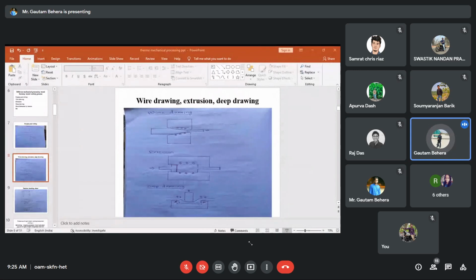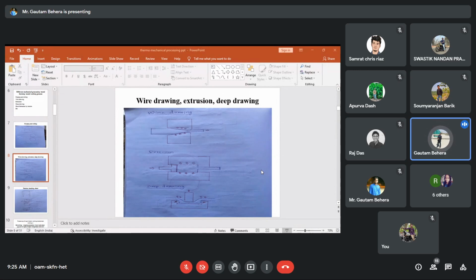Fine. So extrusion, you can see these are the dies, upper die and lower die. And this is a kind of plunger, or ram, you can say. It will press the material through this particular space, and it will come out as a product in this direction. At the contact point, you are applying a force like this.